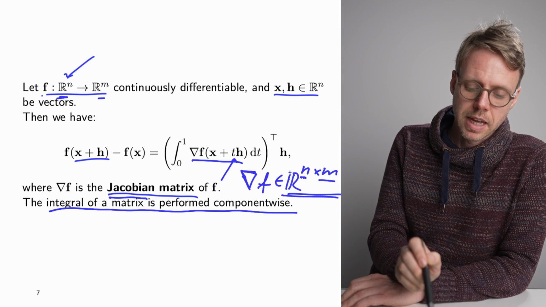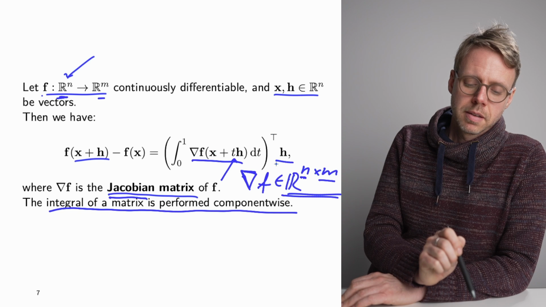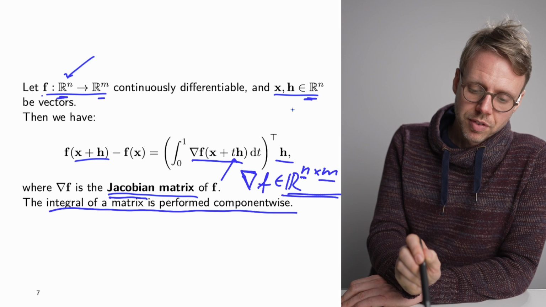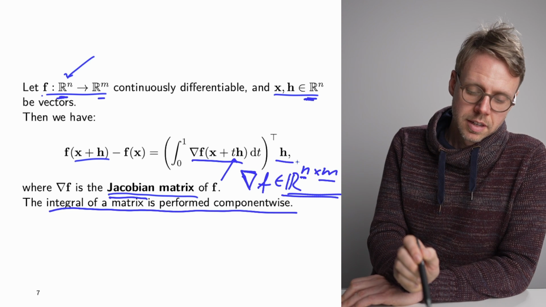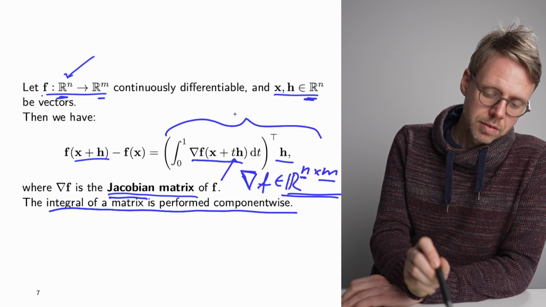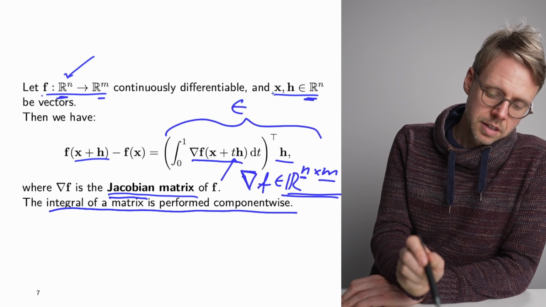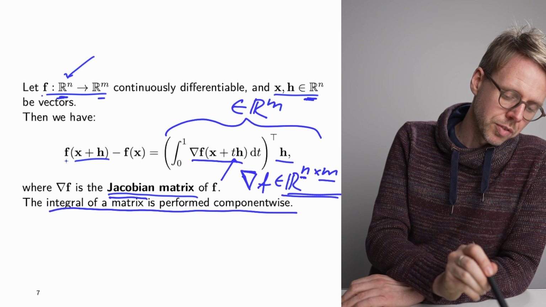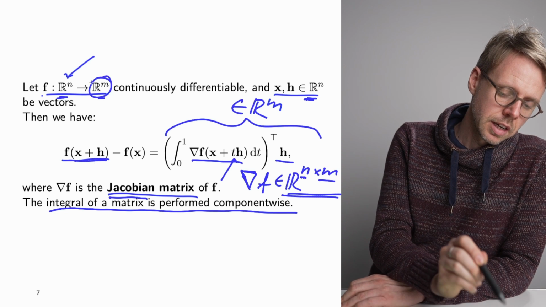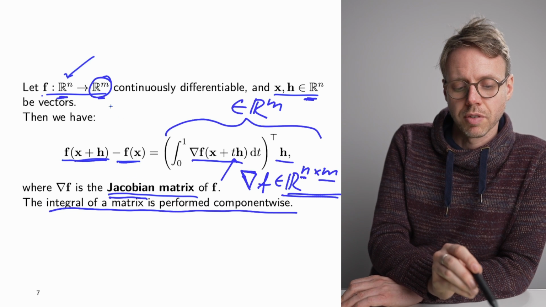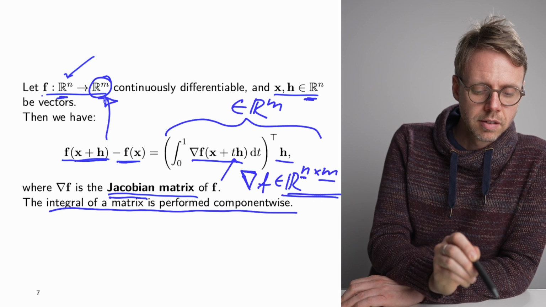Transpose gives an m by n matrix, and we can multiply it by h, which is an element of R^n. Thus, the whole thing here will be an element of R^m, as it should be, right? Because the output of f is an element of R^m, so the difference between f of x plus h and f of x is from R^m.